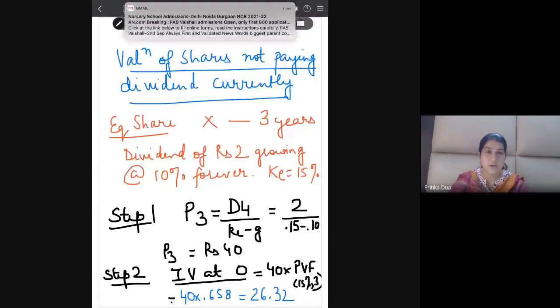Okay, so these were the scenarios under the dividend growth model. Now we come to the second case, the valuation of securities using the earnings model.